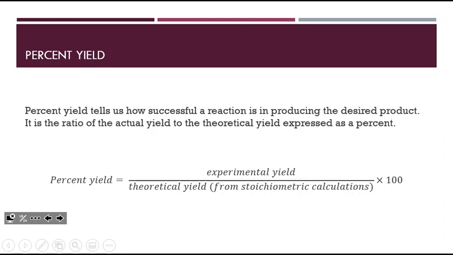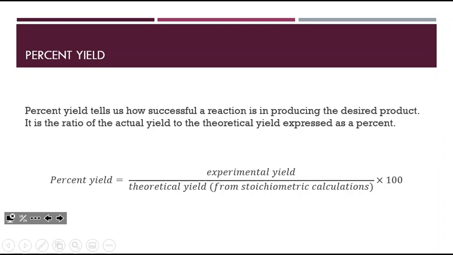So a lot of times, some of your reactants don't ever react. And that's why we wouldn't get close to achieving 100% yield. So it tells us how successful the reaction is. The closer you get to 100%, the better. Obviously, that's more product and less wasted reactants.